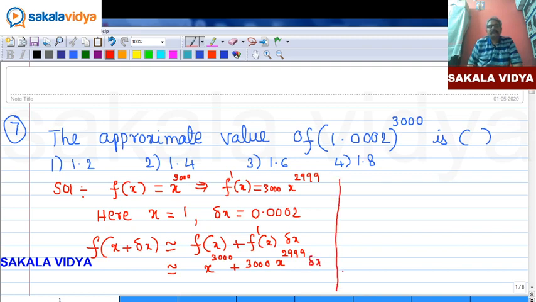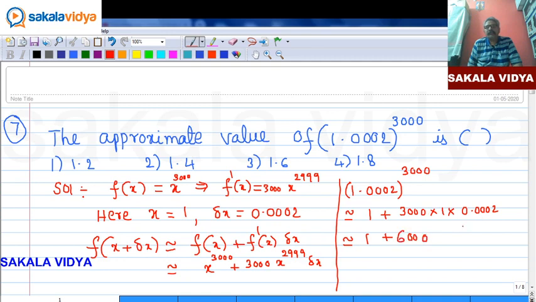So now the approximate value of 1.0002 whole to the power of 3000 is approximately equal to 1 to the power of something is 1, plus 3000 into, very interesting problem, 1 to the power of 2999 is 1, delta x is 0.0002. Now 1 plus, you do one thing, 2 into 3000 is 6000, write down.